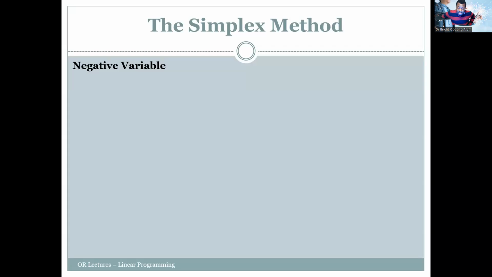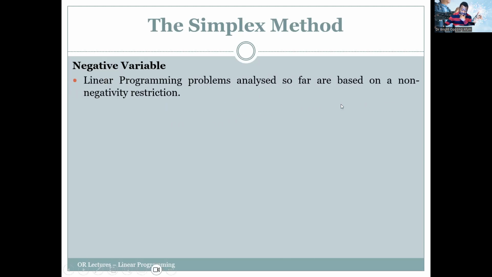So we mentioned that there are special cases where our results will actually lead us to having negative variables. Usually when we have negative variables in linear programming problems, they do not satisfy the non-negativity rule.